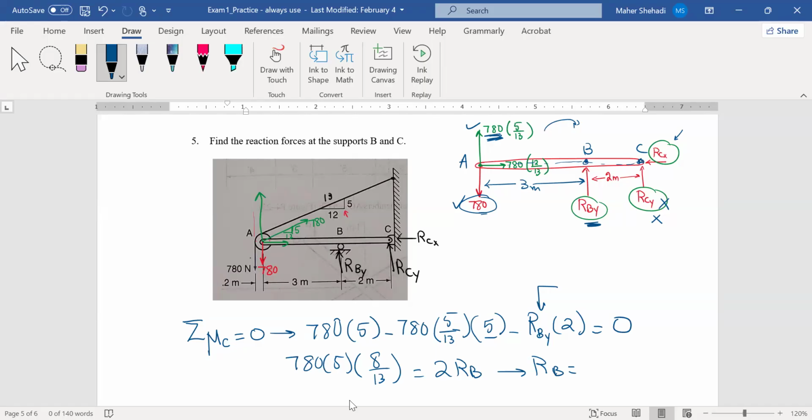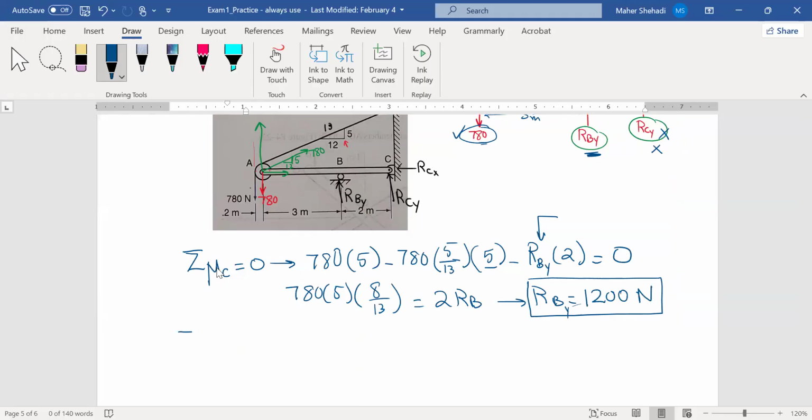Yep, 1200. And it's what? Newtons? Okay, newtons. So RBY is going to be equal to 1200.